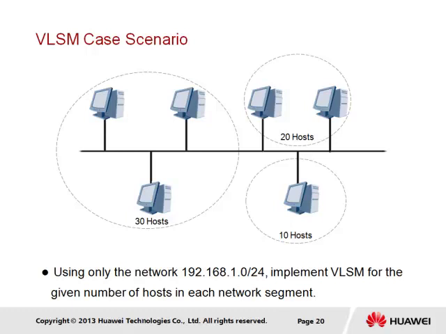4 host bits would leave 4 bits to represent the subnetwork, with these 4 bits representing values of 2 to the power of 7, 2 to the power of 6, 2 to the power of 5, and 2 to the power of 4, or 128, 64, 32, and 16 respectively. When combined, this leaves a value of 240.